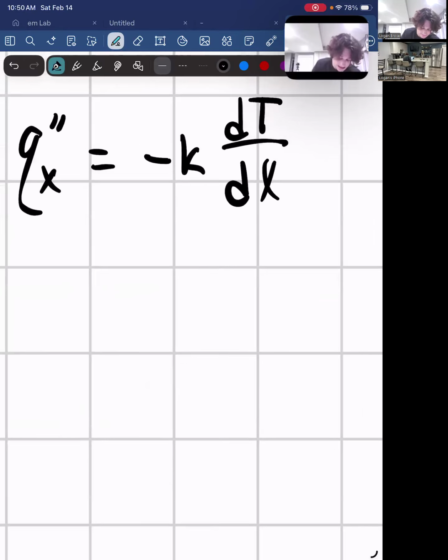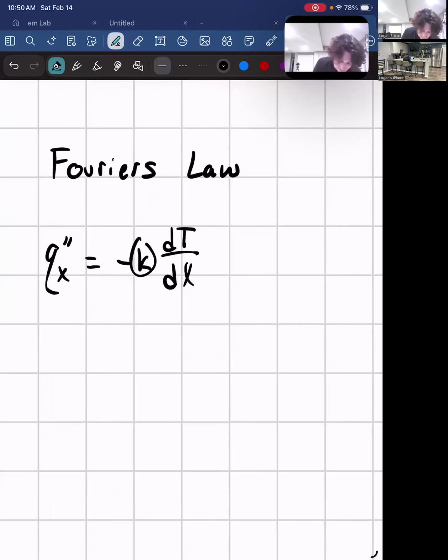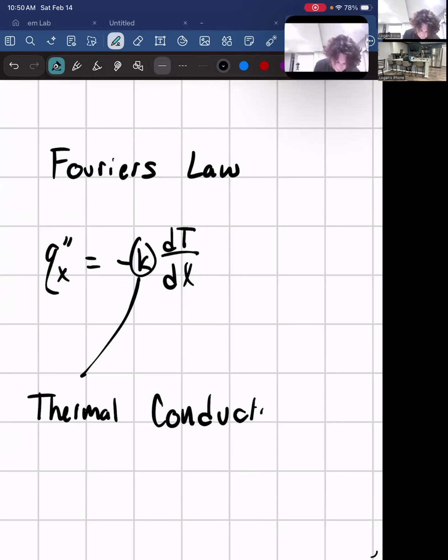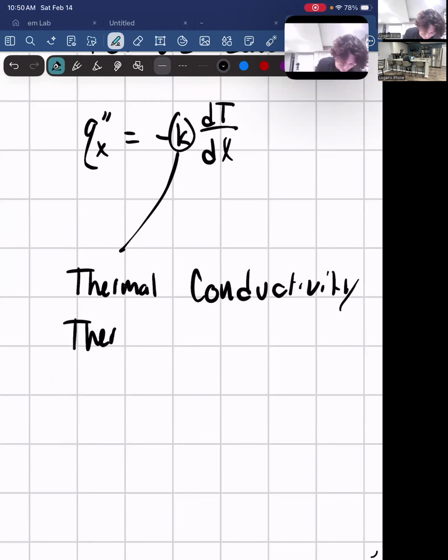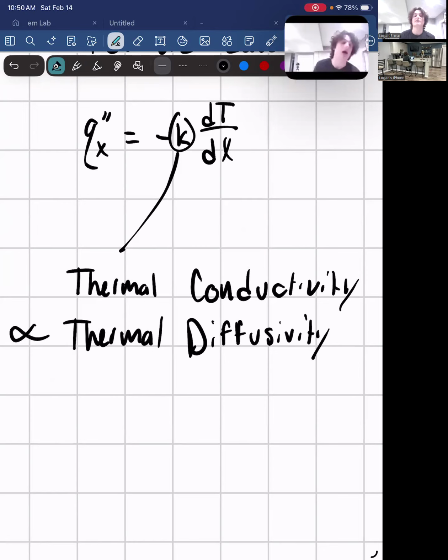Now this K value is our thermal conductivity, which is very similar to our thermal diffusivity. So this is what we found in the first part. We found this alpha and this is K.